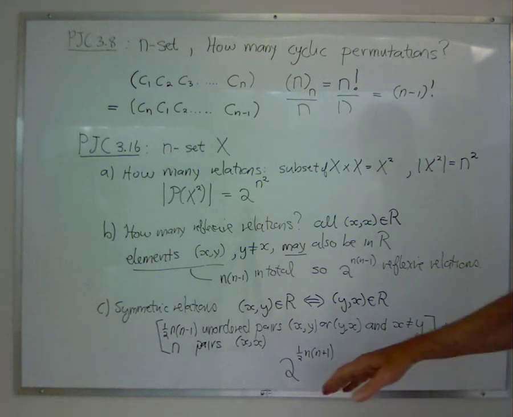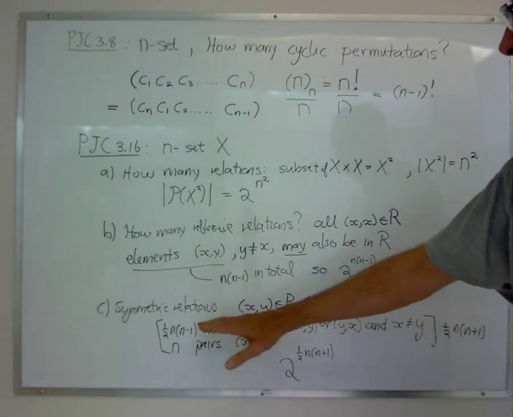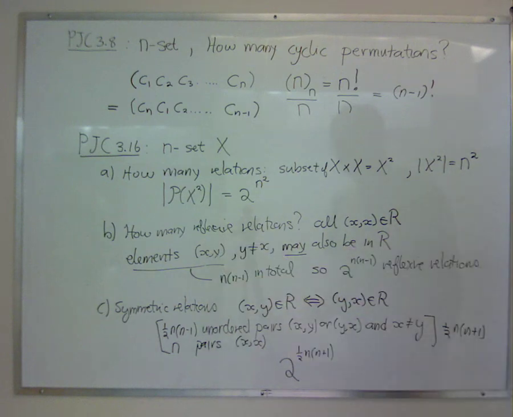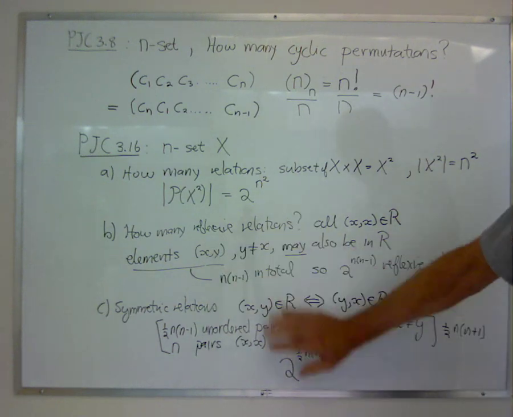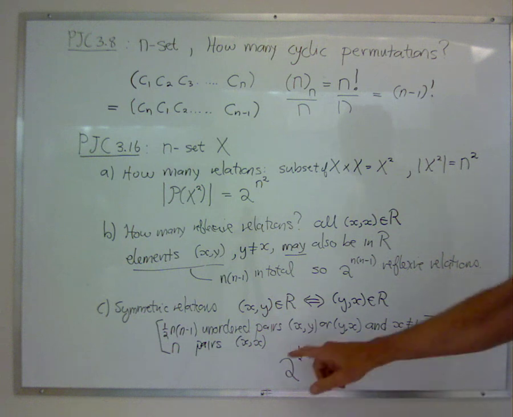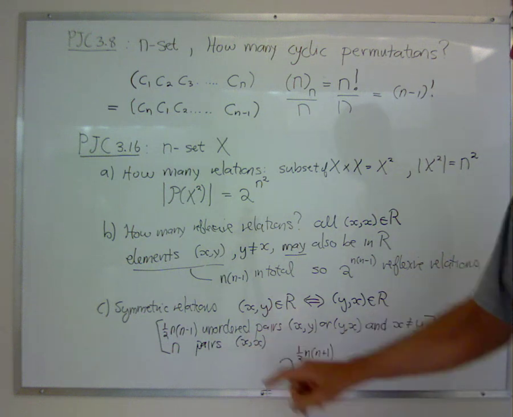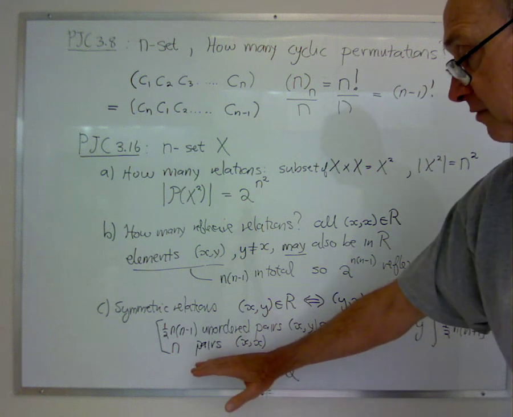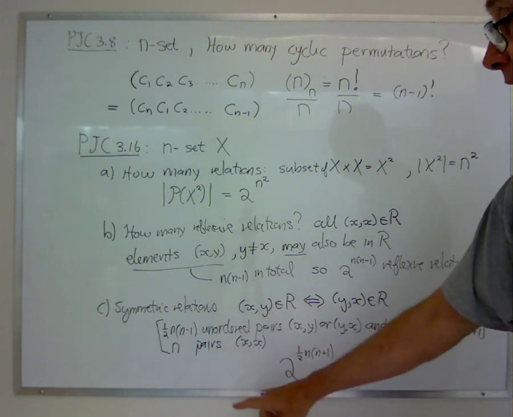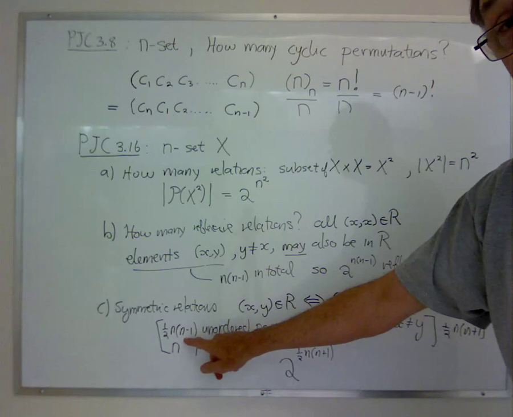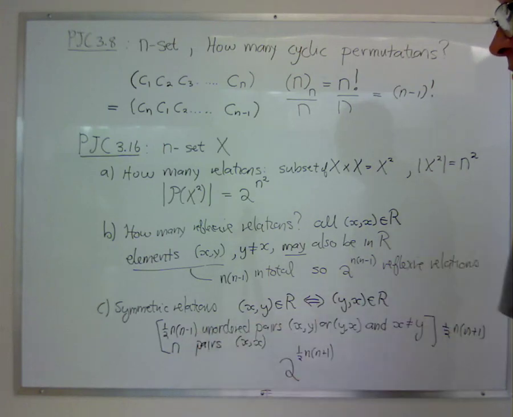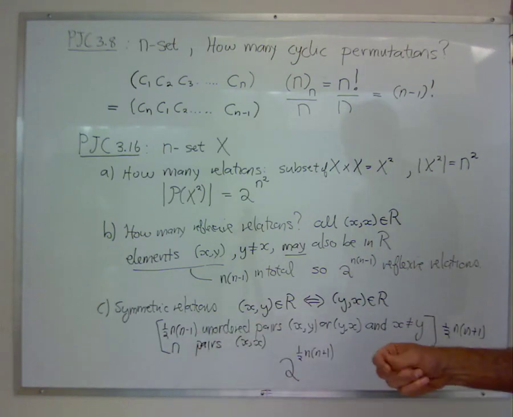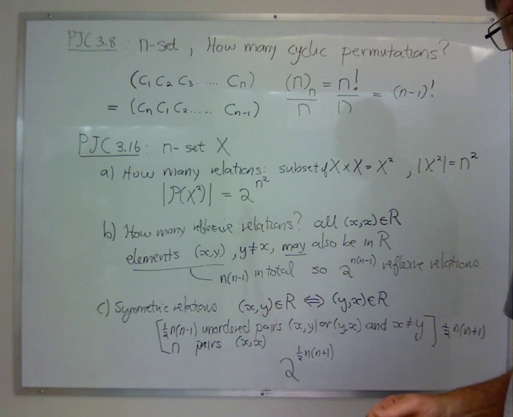If you demand that a relation is both symmetric and reflexive, the argument is then exactly the same, except that all these pairs xx must now be in the relation, and so you have only one choice here for these n pairs. You put them all in, and so you have this number of choices left for a relation to be both symmetric and reflexive, and then this becomes 2 to the power 1/2 n(n minus 1).